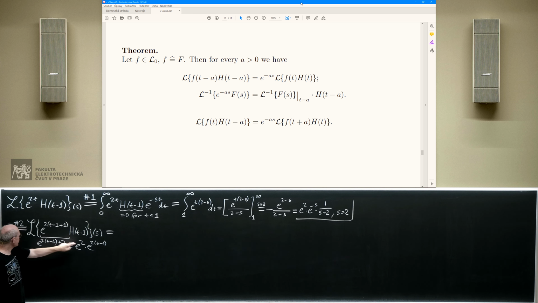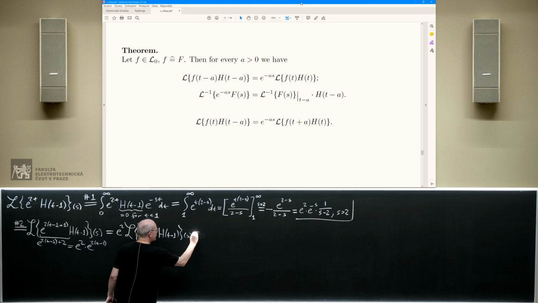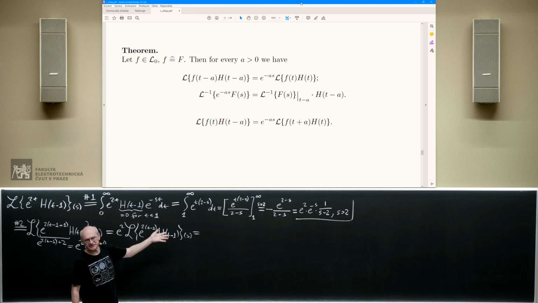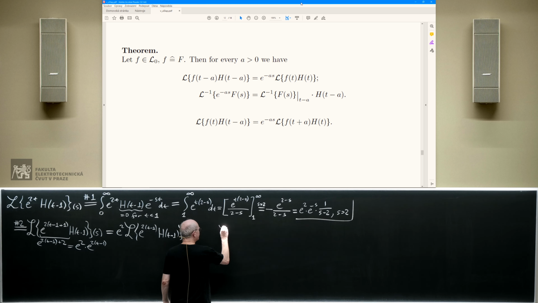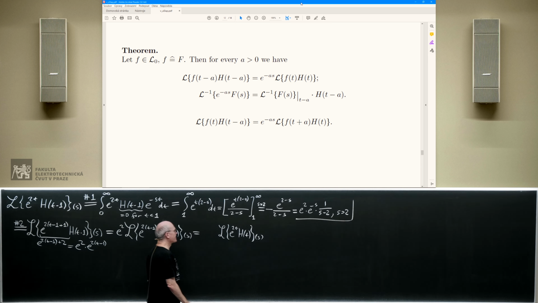And I'm applying the Laplace transform to the remaining part, e to the 2 times t minus 1, Heaviside function t minus 1, at some s. And now I'm in position to use my formula. So instead of the shift t minus 1, I will just put t: Laplace transform of e to the 2t, Heaviside function t, at s.